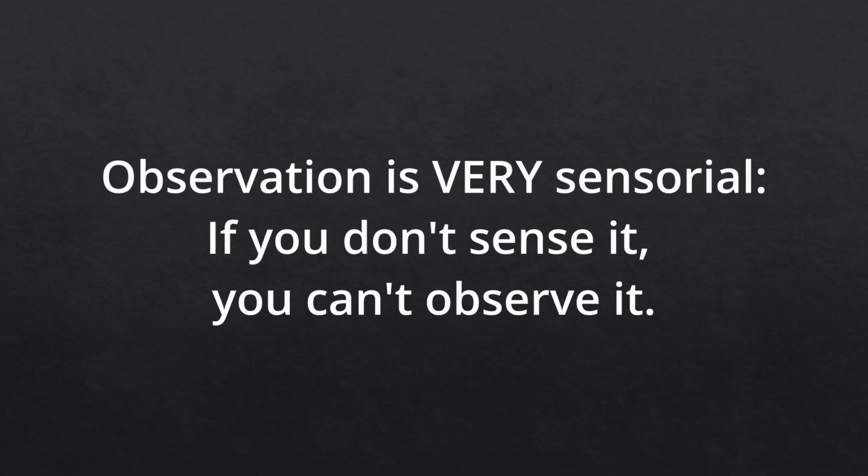If you see something and you start writing about how it feels, but you're not touching it, then that would be a subjective thought. That's a feeling, that's an assumption, right? You're filling in the gaps with imagination. And we don't want to do that. So be aware of the senses you're using for your observation, and be aware of the fact that if you're not using that sense, you can't write about it.